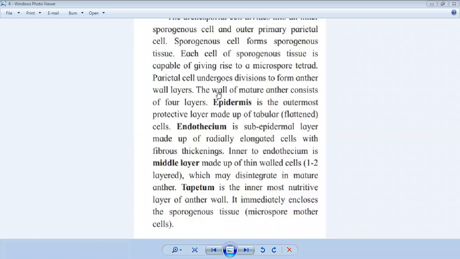So the TS of anther consists of 4 layers: epidermis, endothecium, middle layer and tapetum.